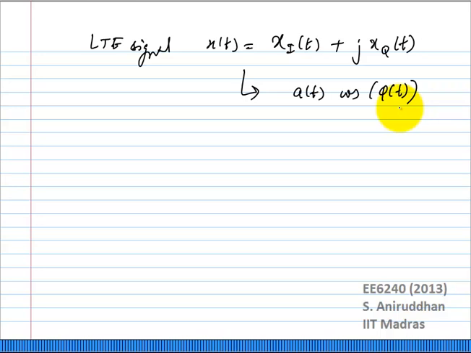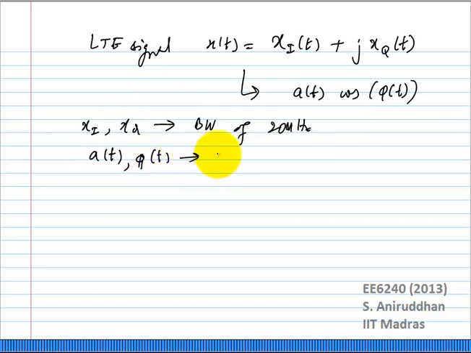But what you will find is that if Xi and Xq have bandwidths of 20 megahertz, for many of these modern signals, if you look at the phase of the signal, the actual bandwidth of the phase modulated signal is much wider. Okay, maybe 4 to 5 times wide.